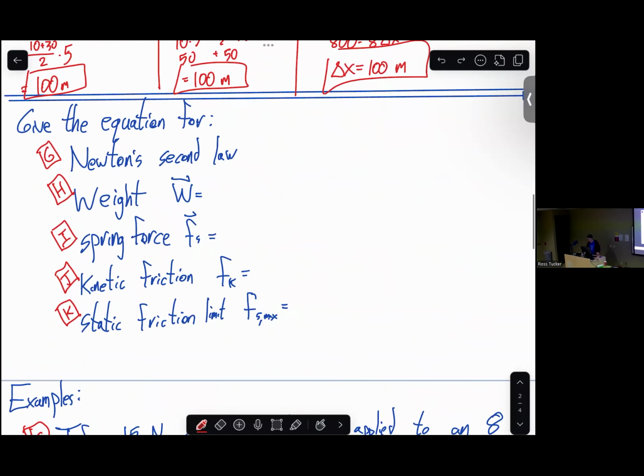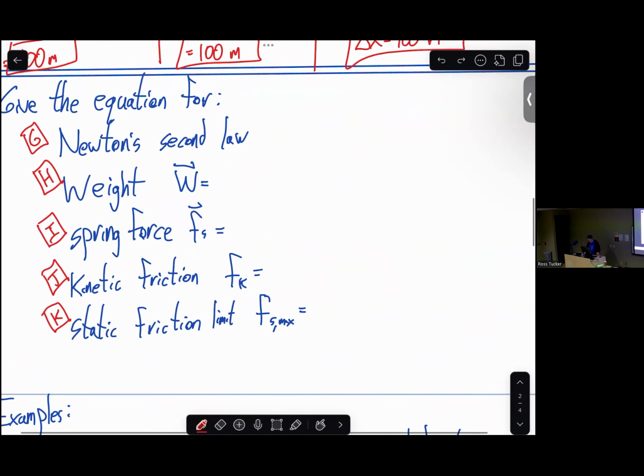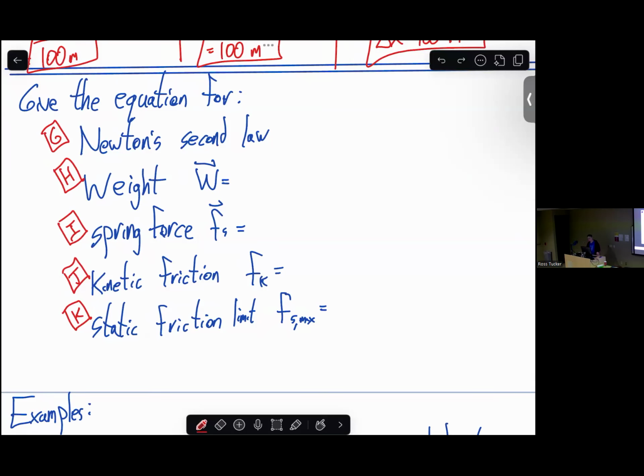Okay, we're done with kinematics. Well, no, but this is your starting point with your studies. If you don't know one of these equations, you at the very least need to know that there's an equation that relates those quantities and where to look on your equation sheet to get the equation that relates those quantities.